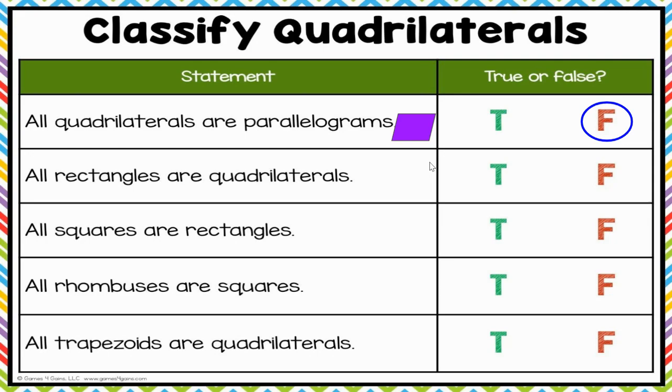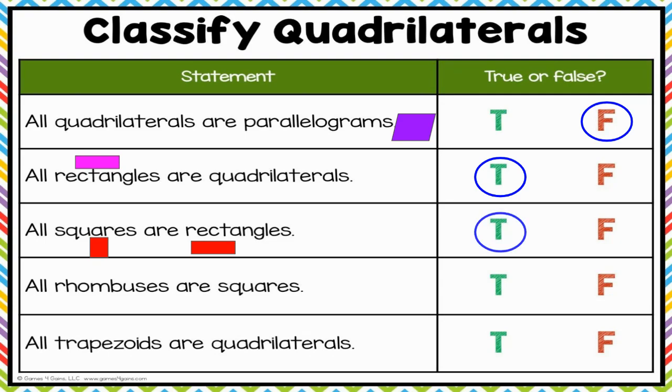All rectangles are quadrilaterals. There's a rectangle. Yeah, all the rectangles that we saw were quadrilaterals. All squares are rectangles. Yeah, they all have 4 right angles, 4 sides, and 2 sets of parallel sides.